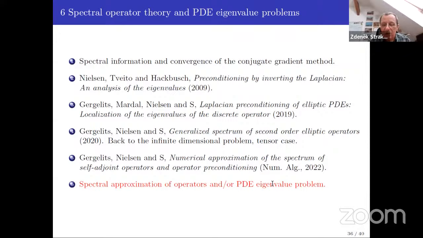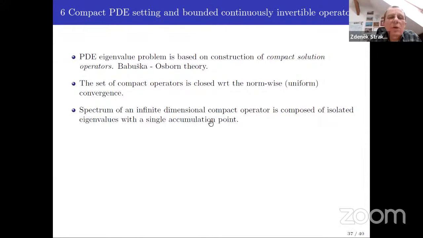So if you look at the theory in numerical PDEs and approximation of eigenvalues, that has physical meaning, vibrations and all this stuff. Essentially, the theoretical basis is the Babuška-Osborn theory that is based on the construction of the so-called compact solution operator. For that, we need two spaces, essentially.